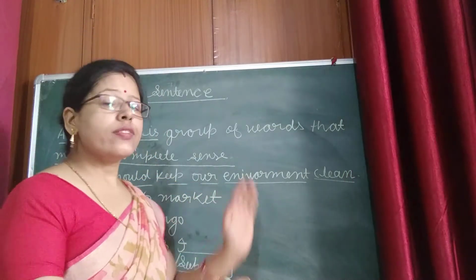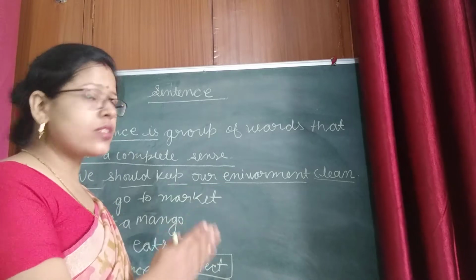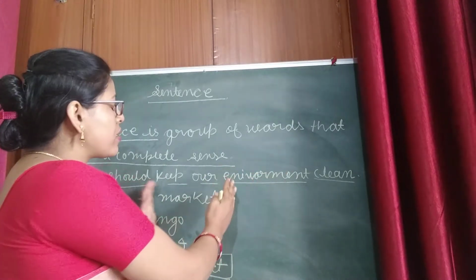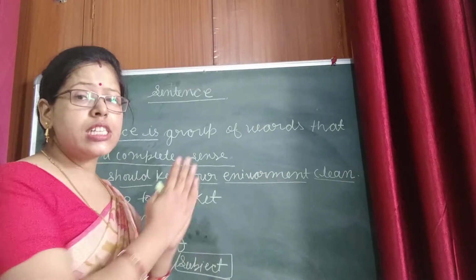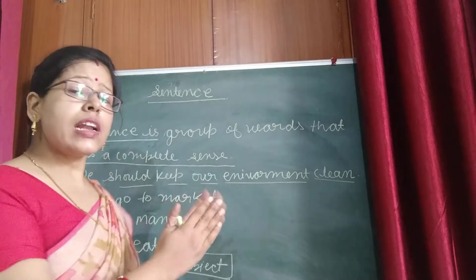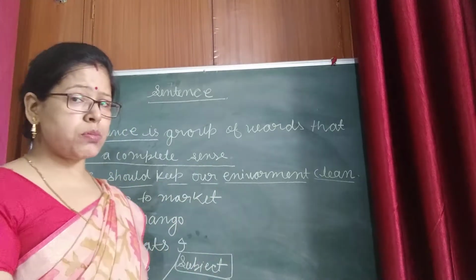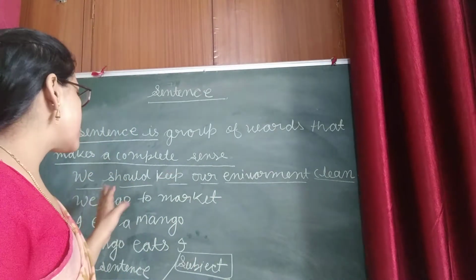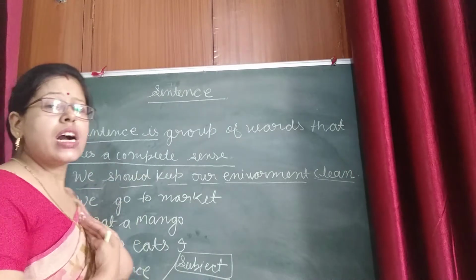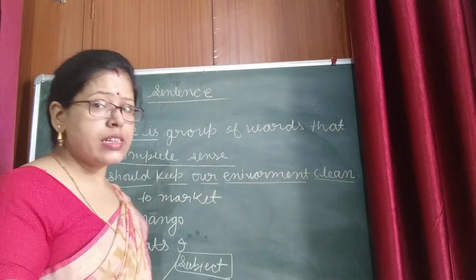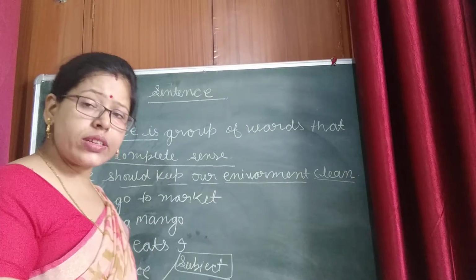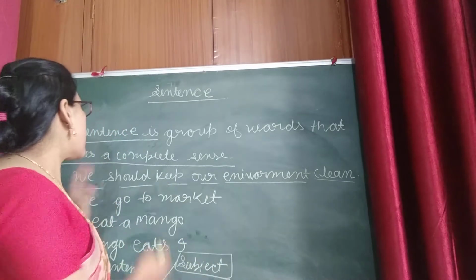So here, when we write these words all together in a proper sequence, then it gives us a complete meaning. Now you can see here, it is giving us a complete meaning. What is the meaning of this sentence?